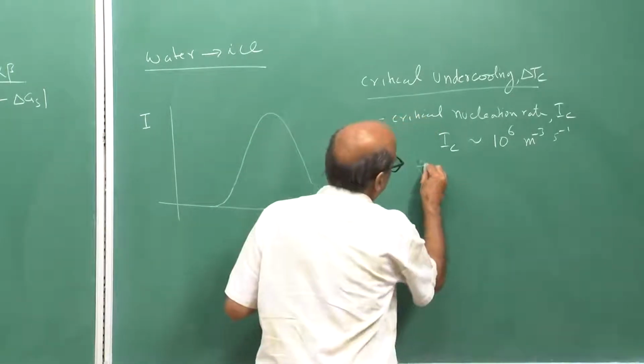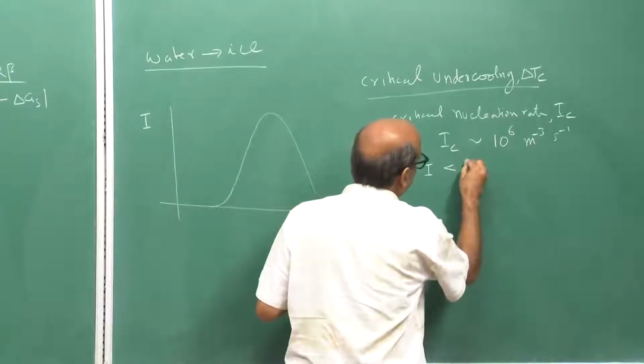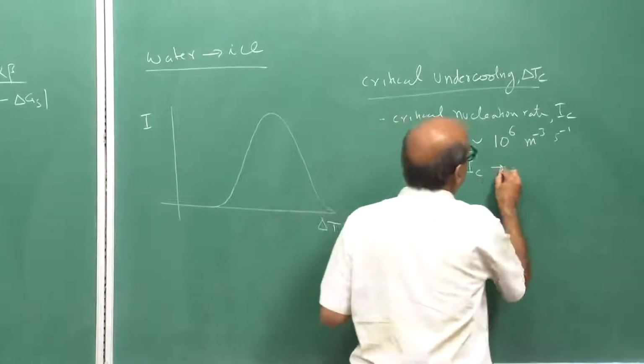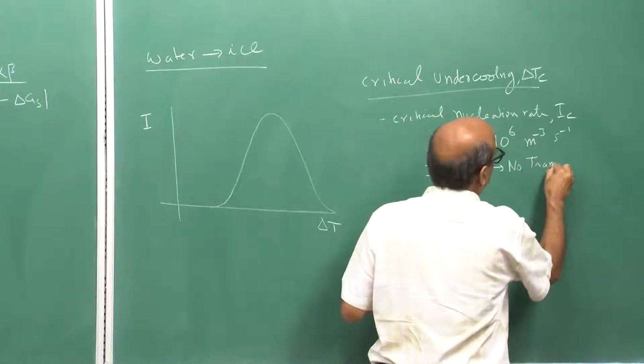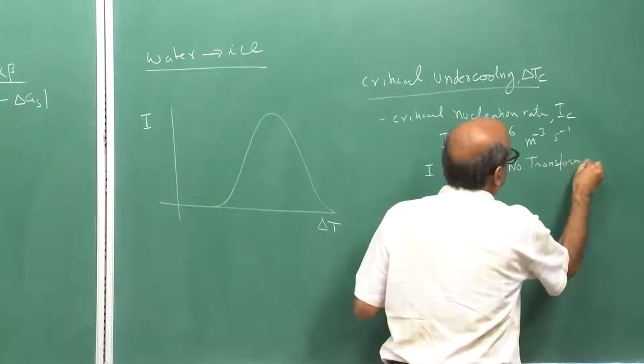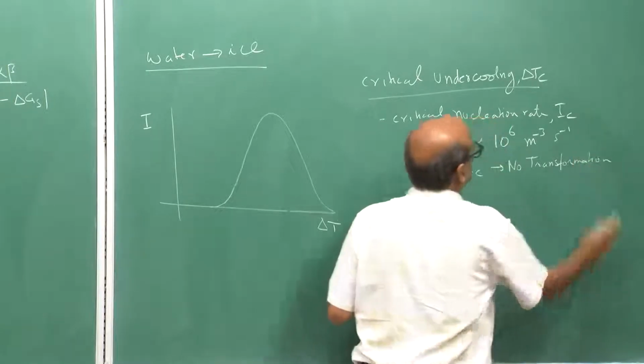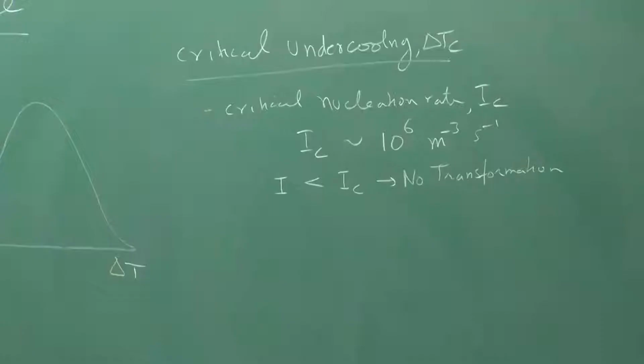So, if the nucleation rate is below IC, we say for all practical purposes that no transformation will take place.